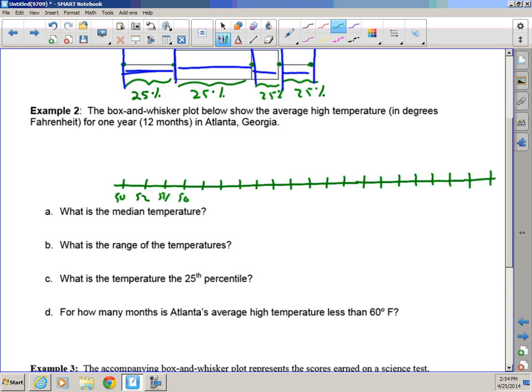Okay. 50, 52, 54, 56, 58. All right. So our box and whisker is as follows.